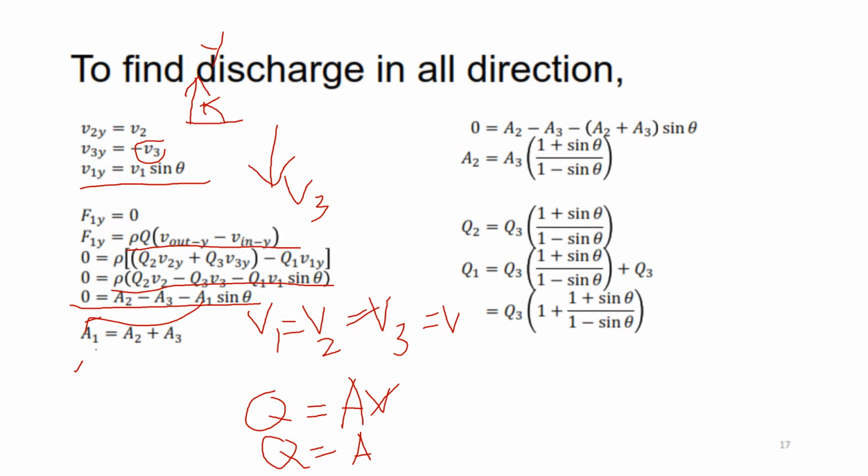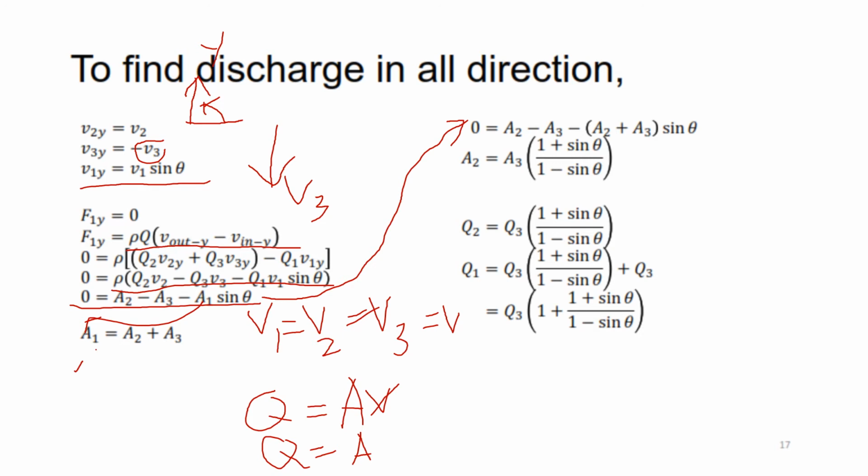A1 equals A2 plus A3. Okay, then we consider it as 0. So we have A2 plus A3 minus A1, right, just now? This equation we bring to here.